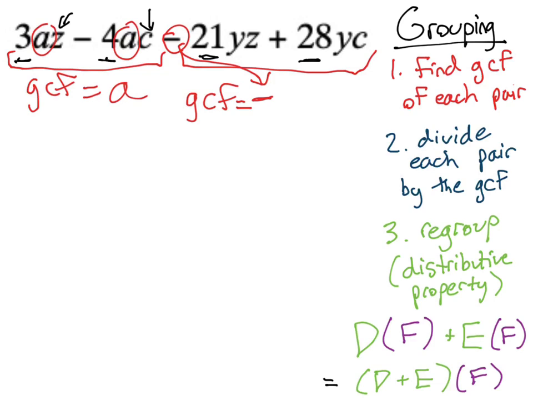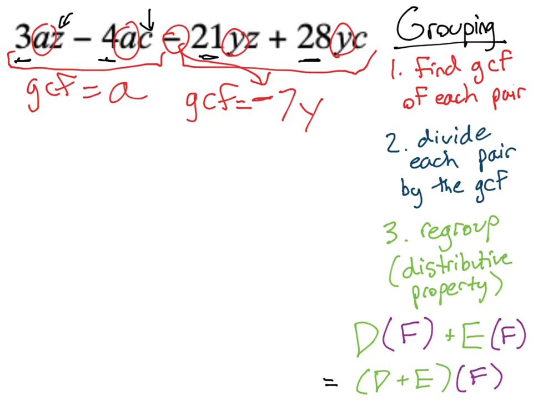We can divide both of those by 7, and if we look at the variables, both of these terms have a common factor, y, so we can divide by -7y. So that's the first step. We want to split this into pairs and find a common factor for each pair.